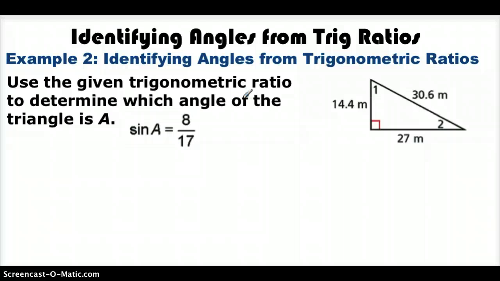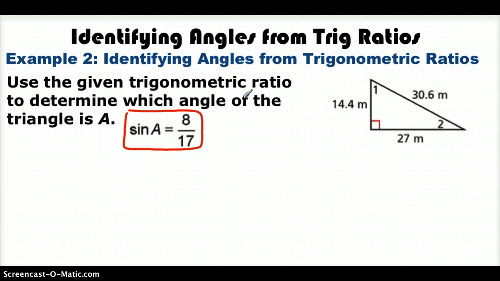This one says use the given trig ratio to determine which angle of the triangle is angle A. It says sine of A is 8 over 17, so this is what we're going to use now.